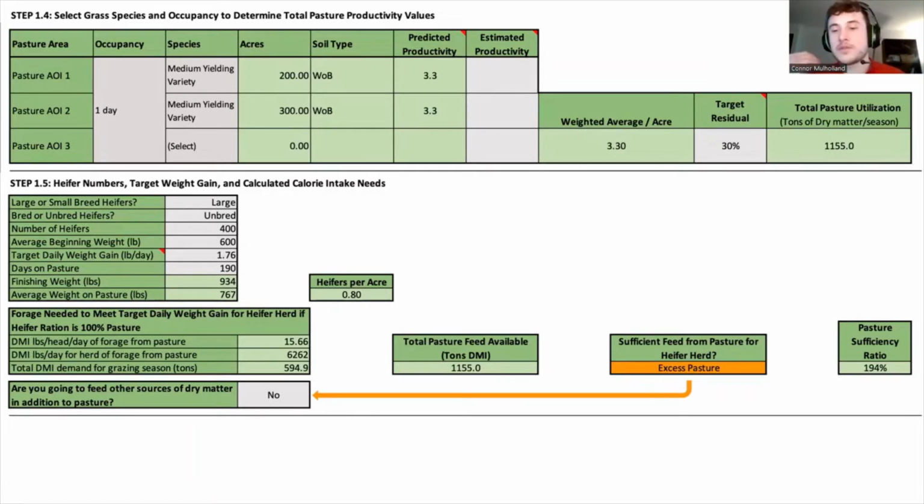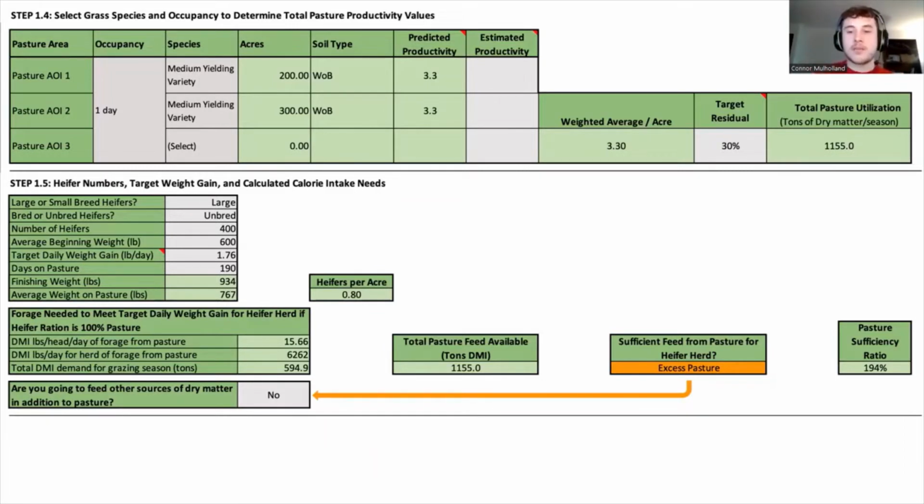You actually will return excess pasture with this kind of pasture plan. That's okay because this user wants to use that excess pasture for hay. And then the pasture sufficiency ratio to the right, basically what would make a pasture plan sufficient is if it was about 120%, meaning that we are planning that extra 20% of dry matter just in case there's a dry month or extra wet month or an asteroid hits your pasture.